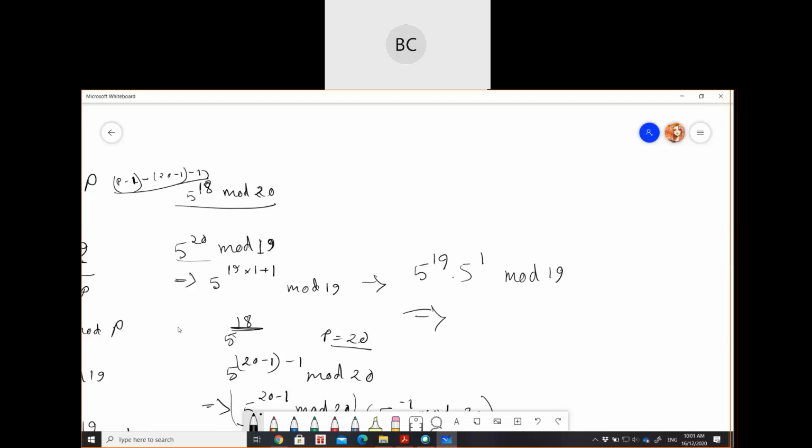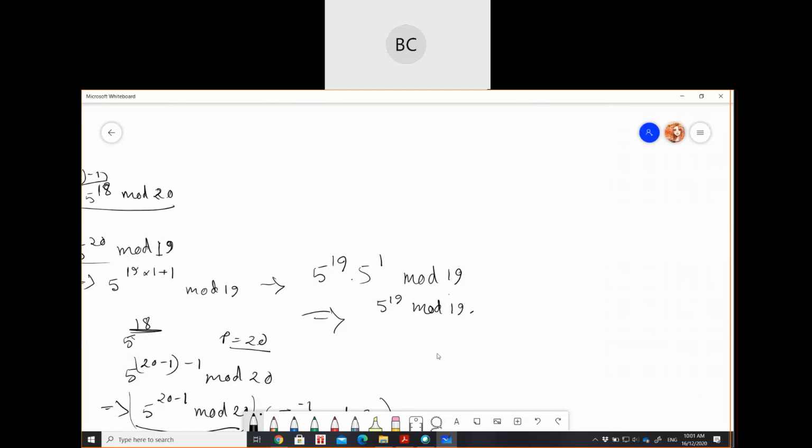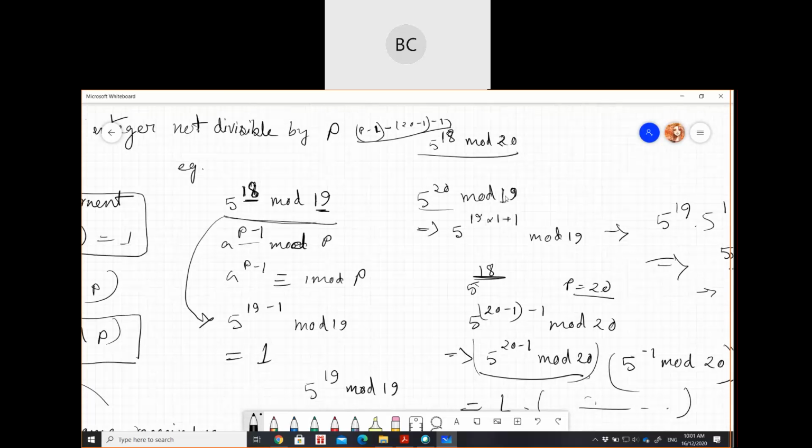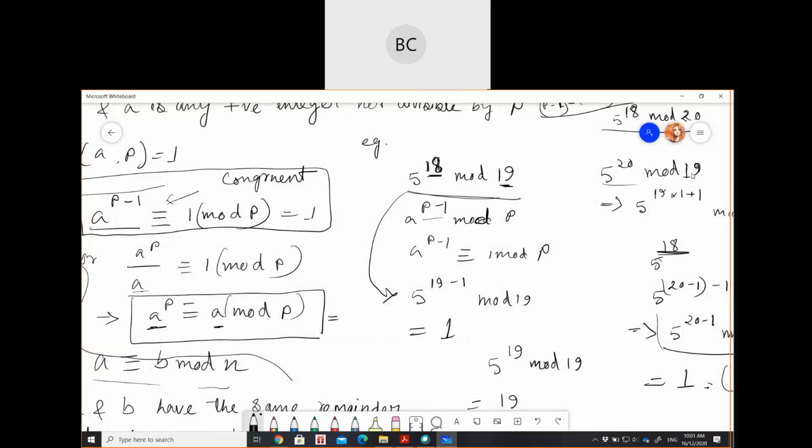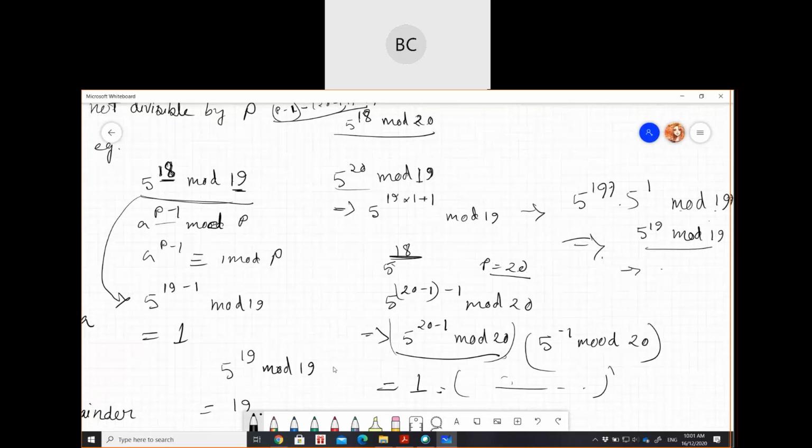Then from here again you can write 5^19, then mod 19, and you can write 5 into mod 19, right? So from here, this will come in this formula, for this one a and this one a. So if both are the same, the answer will be a.